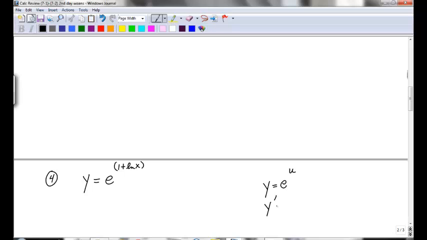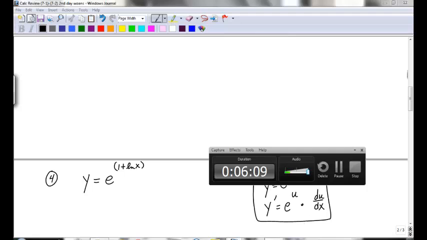Y prime is e to the u power times the derivative of u with respect to x. Do you have that on your card? Do we need to add that one? Okay, let's stop for a minute and add that one.